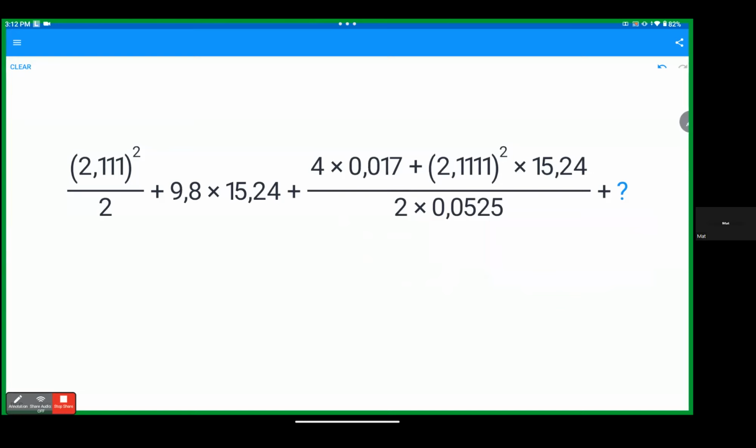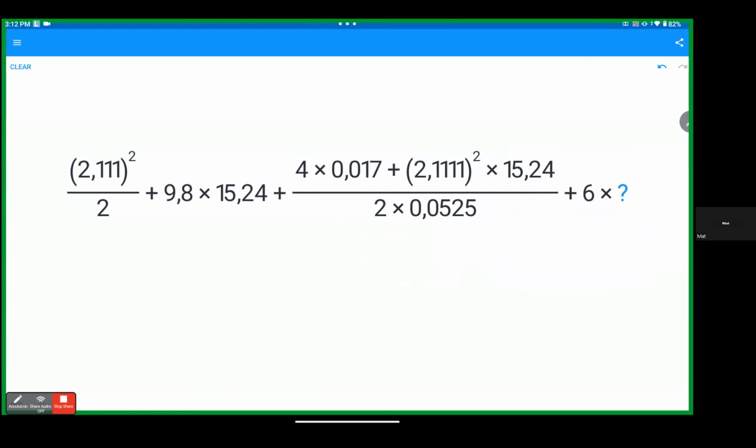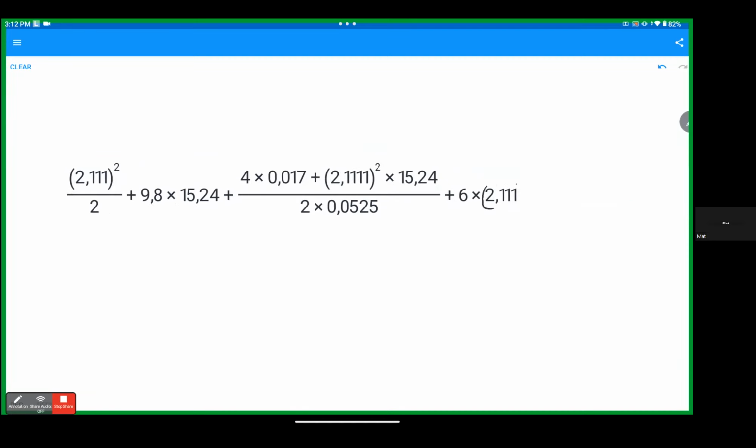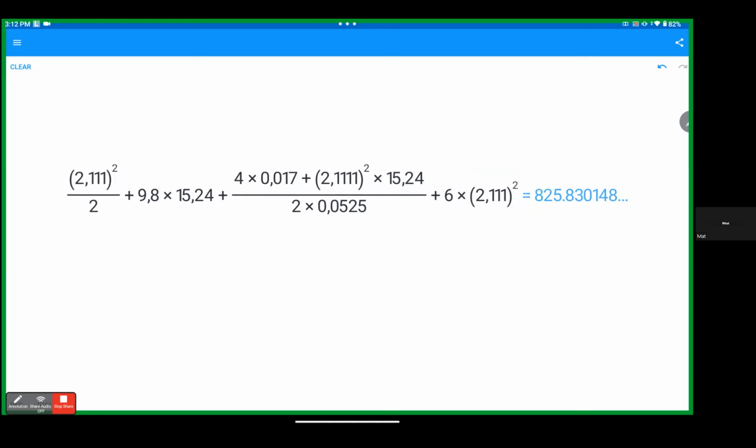This one. Okay, and having it 6 multiplied by 2. Okay, we did it. Assuming everything is okay, this will be our final answer.